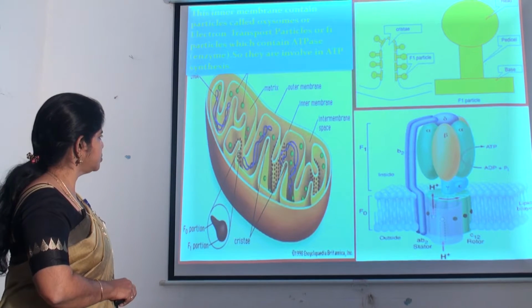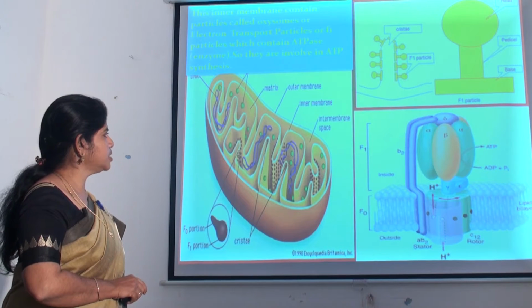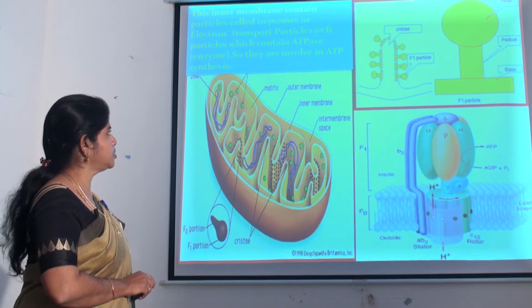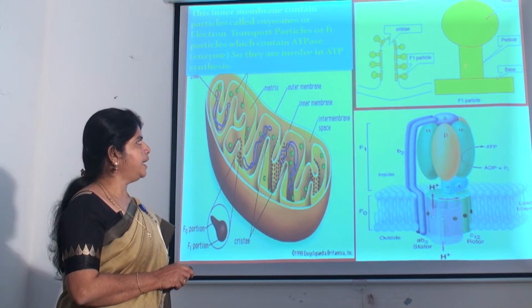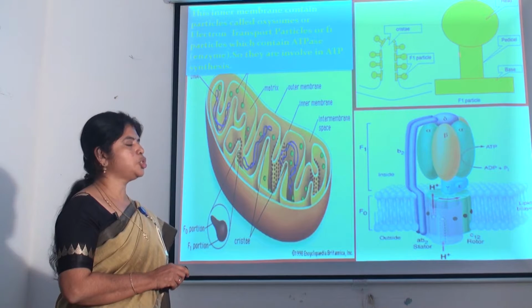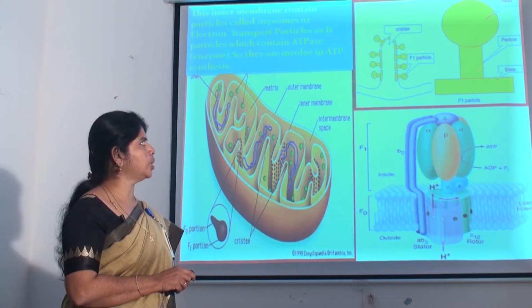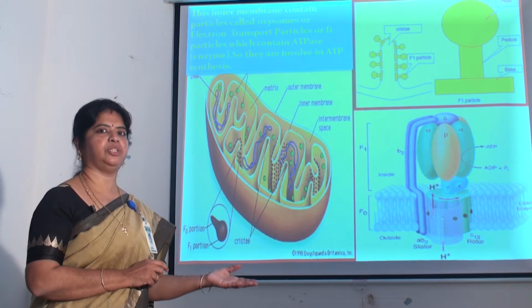So this is the structure. In the cristae the F1 particles are present, through which the electrons are involved in the electron transport system. So this is the detailed structure of these F1 particles. In the inner membrane, that is in the crista, these F1 particles are stalked particles. They have the stalk, but in the outer membrane these particles are present without the stalk.